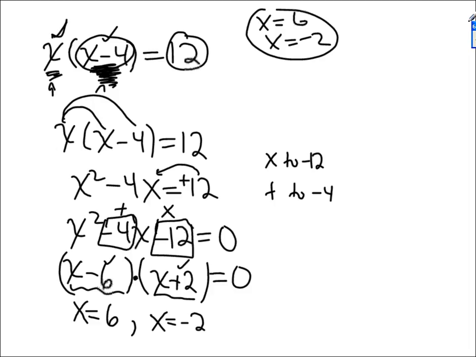What I wanted was the product is +12. That is, they multiply out to 12 and they differ by 4. Instead of adding up to -4, I wanted them to differ by 4.